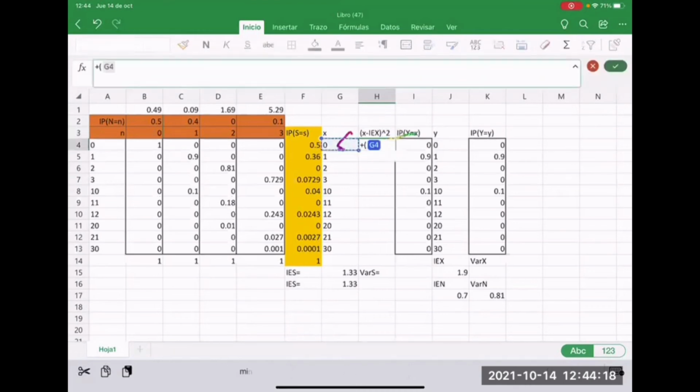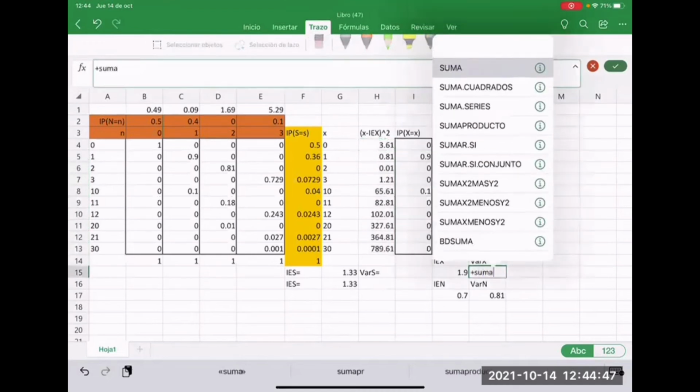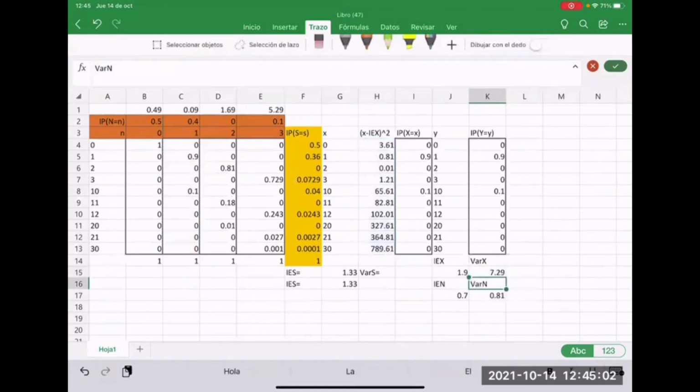So we just need to take this minus this fixed, squared. So what is the variance of X? The variance of X is just the sum product of this thing around here with these probabilities around here. Yeah, that's it.